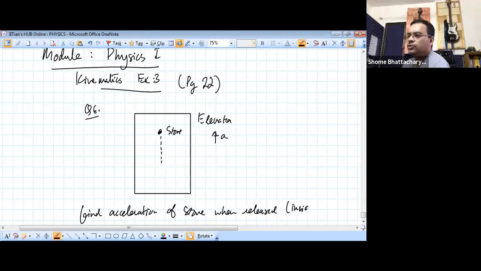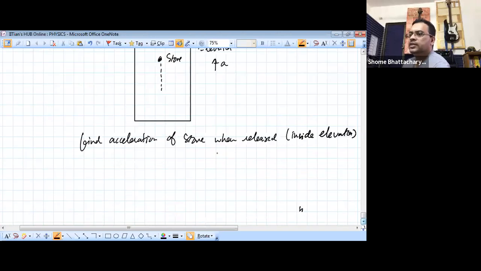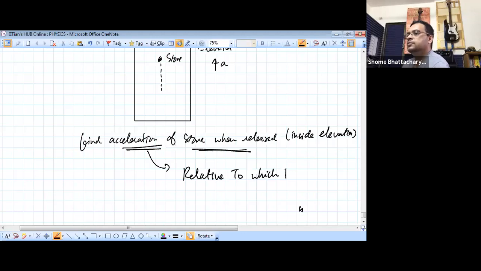We've released it inside the elevator. But notice in the question, nothing is said with respect to whom or relative to whom. So when nothing is said, you have to find the acceleration of the stone, but relative to which frame? Since nothing is given, we will take the ground frame by default.